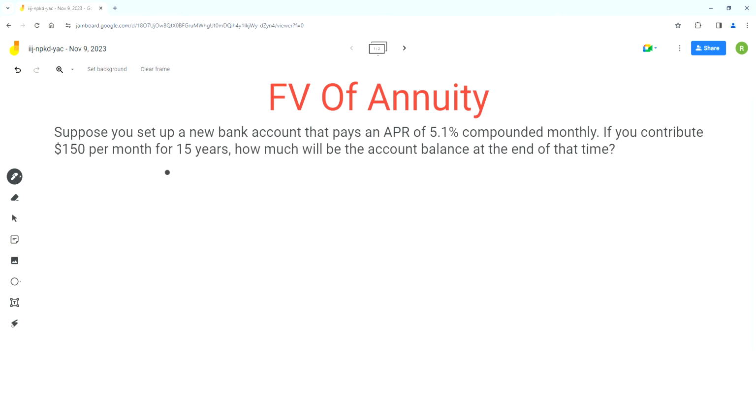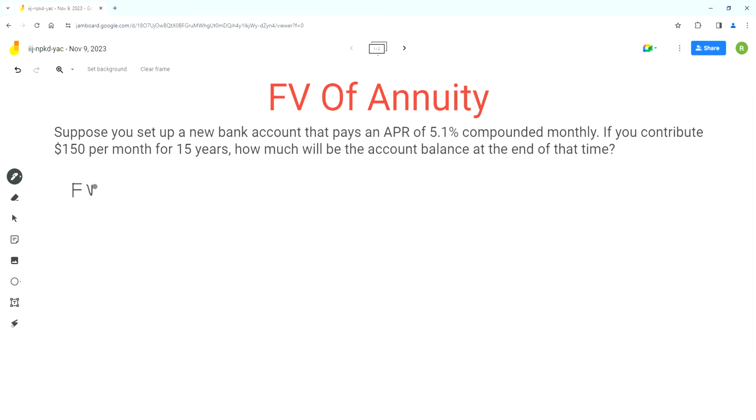Now for this, we can assume it to be an ordinary annuity. That means the monthly amount is being deposited at the end of the months. So we'll use the formula for future value of ordinary annuity. So I'll write the formula on the board.